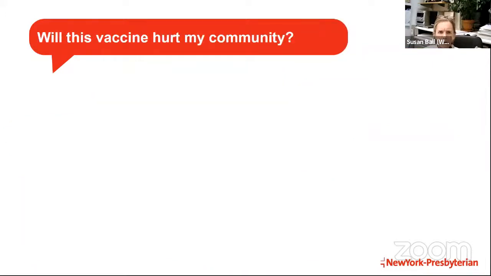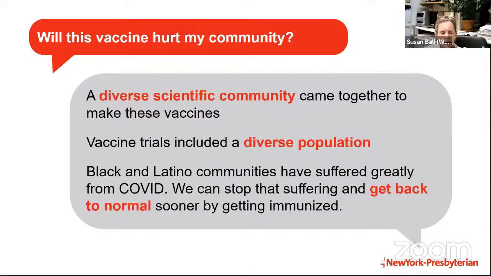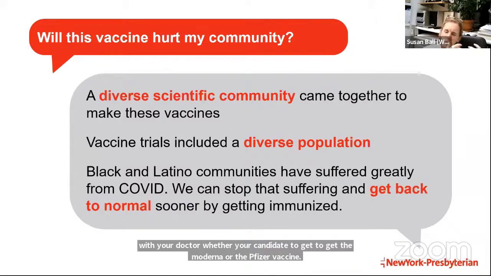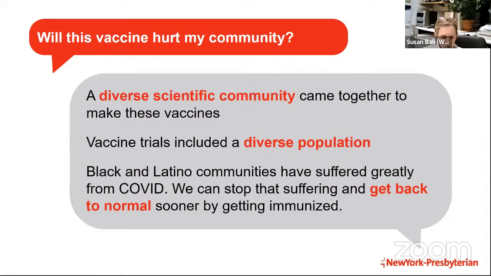Will this vaccine hurt my community? You know, COVID is, as we know, has disproportionately hurt communities of color. And one really great thing about the studies that were done on these vaccines is they were done in very diverse populations. The number of people studied is in the tens of thousands: people of color, people who had other morbidities like diabetes and high blood pressure and heart disease.